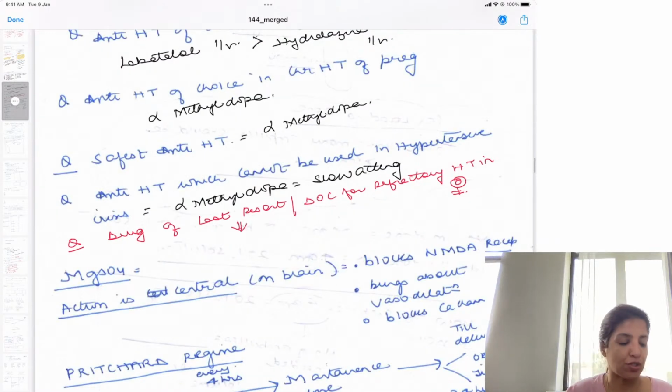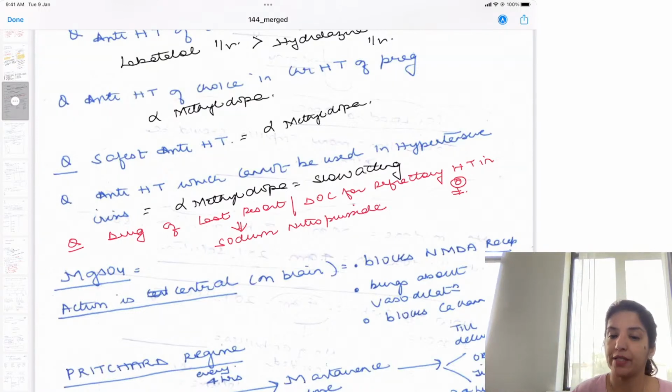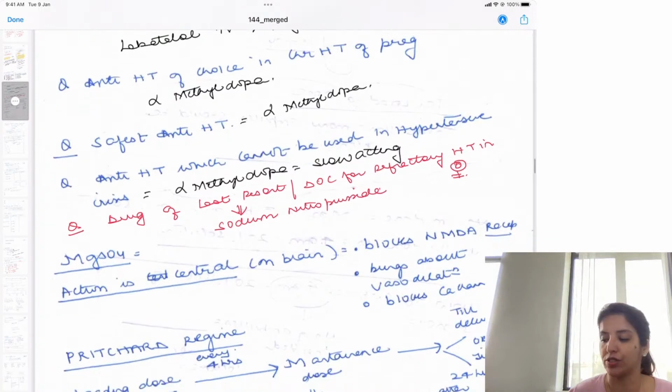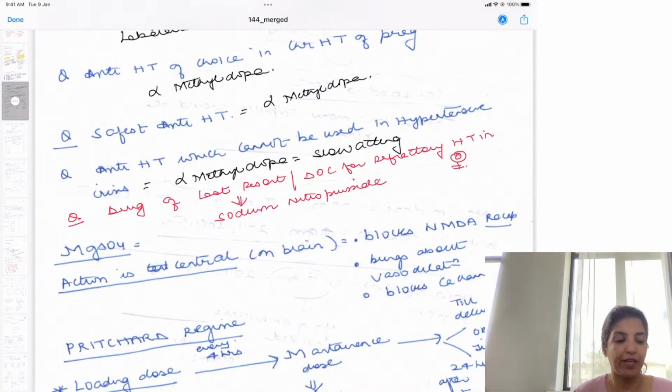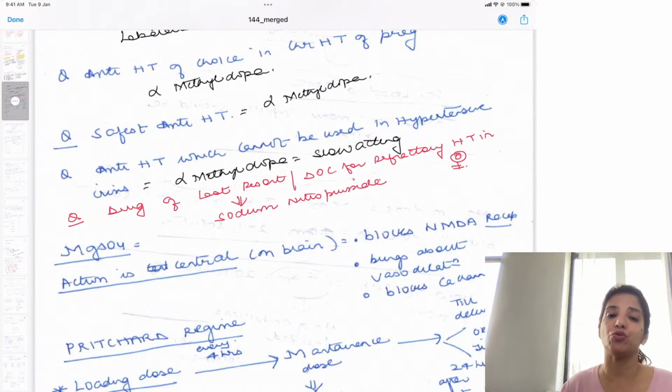The drug which is the last choice drug is sodium nitroprusside. Sodium nitroprusside can lead to cyanide toxicity, right? So it is the drug of last choice. The last major drug I'm going to use will be sodium nitroprusside, right?